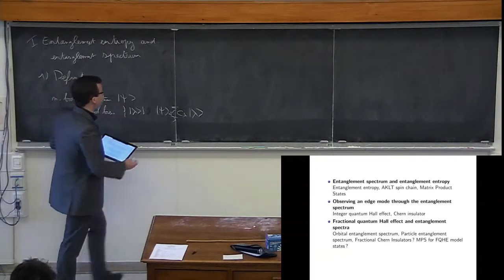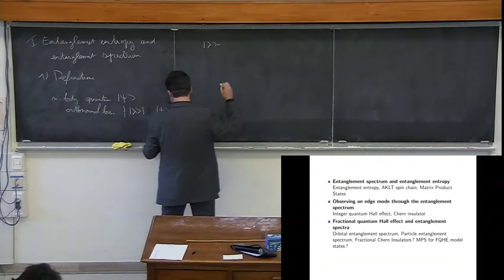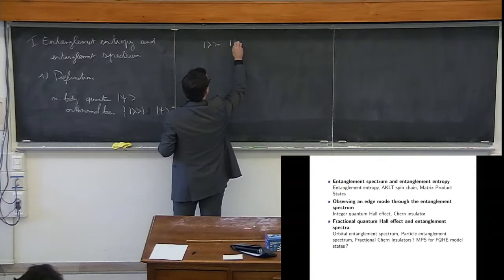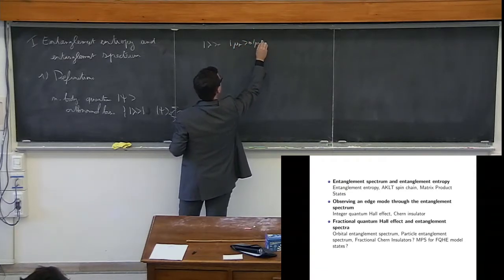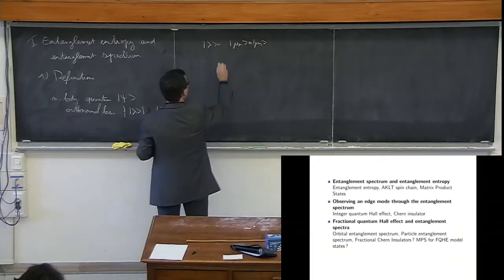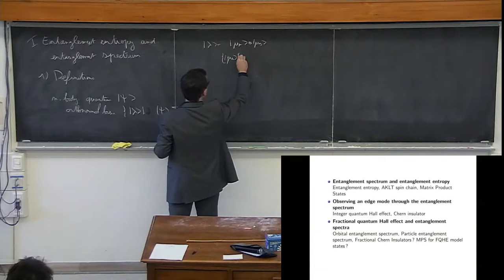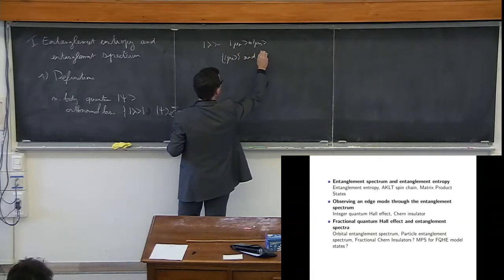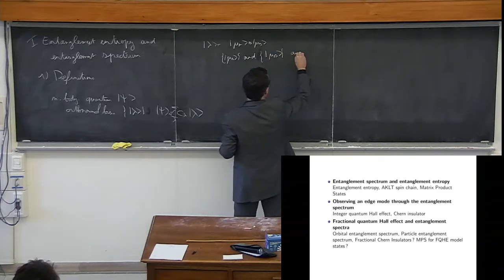Now let's assume that we can write down all the lambdas as a product of two orthonormal bases, mu A and mu B, where mu A and mu B are orthonormal bases.